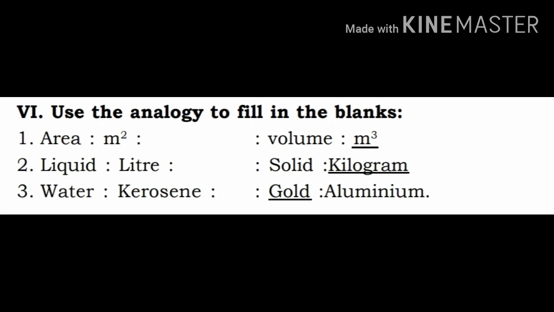Then the third one, water, kerosene. They have compared the density. The density of water is more when compared to kerosene. In the same way, aluminium can be compared with gold. The density of aluminium is less, the density of gold is more.